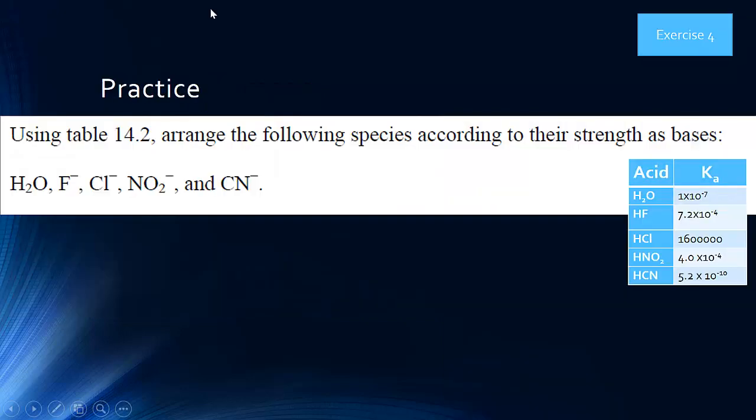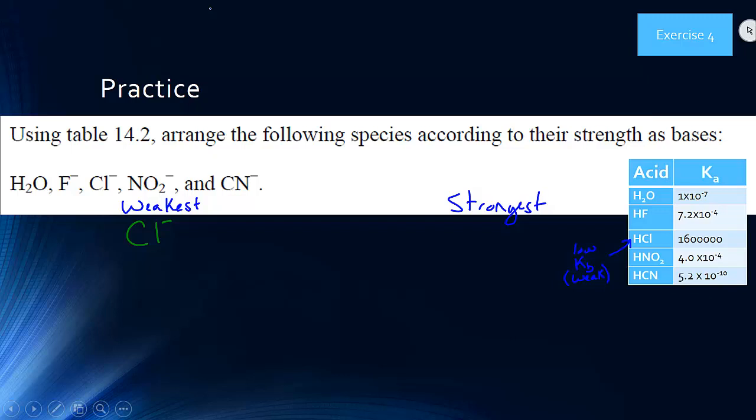So for example 4 in our packet, we were asked to rank the following in terms of their strength as a base. So if something has a very high Ka, it must have a very low Kb, meaning it must be a very weak base. And since hydrochloric acid here is a strong acid, it must be the lowest on this scale.